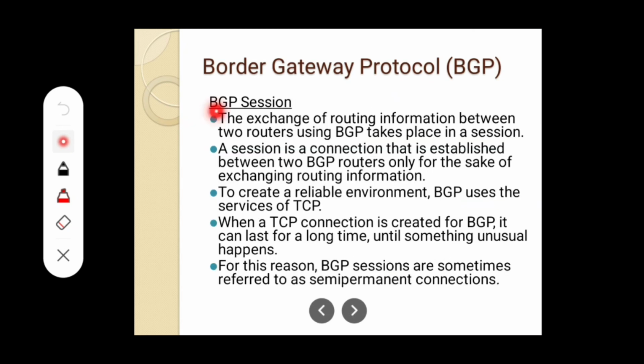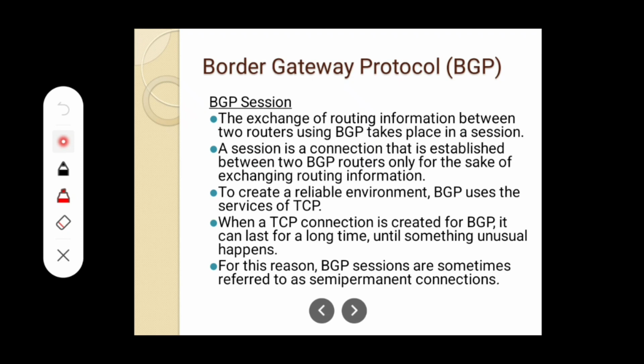Now, BGP session. There is another concept called BGP session. What is a BGP session? The exchange of routing information between two routers is done using a BGP session. If two routers want to communicate, or send information between them, then they will create a session. Session means a connection.